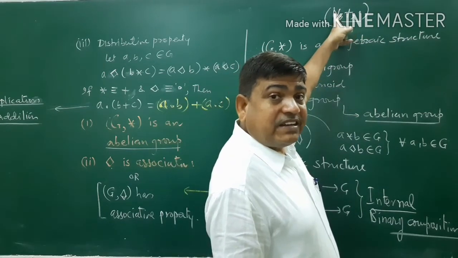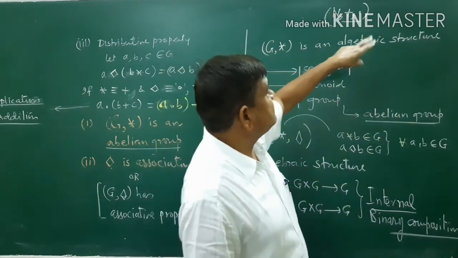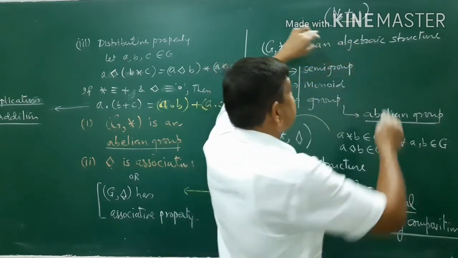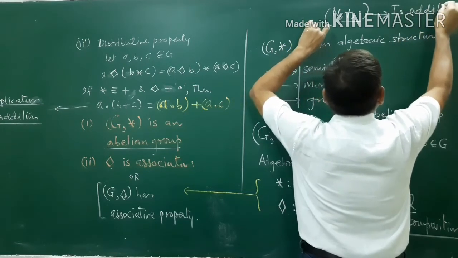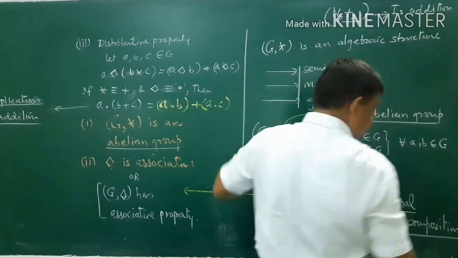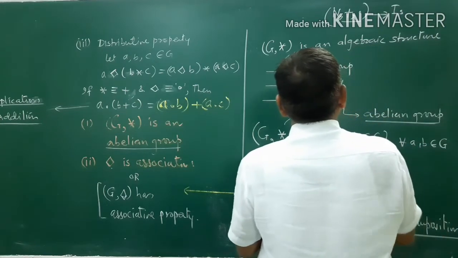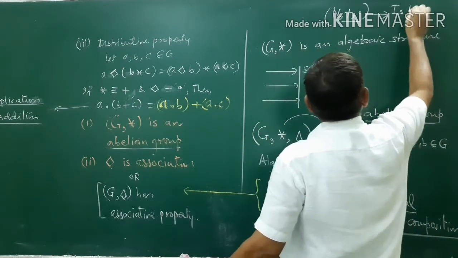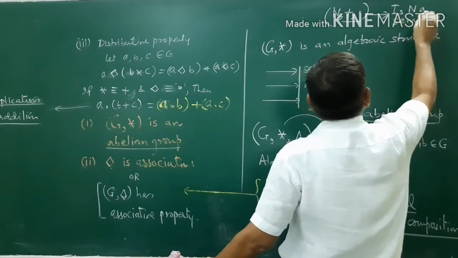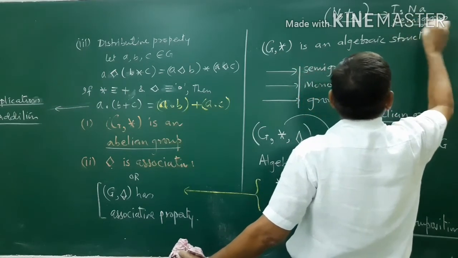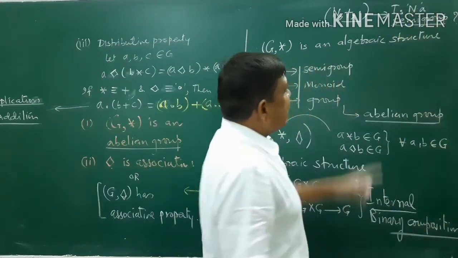Addition is closed in N, multiplication is closed in N. Now my question is, addition here, is N a semigroup?